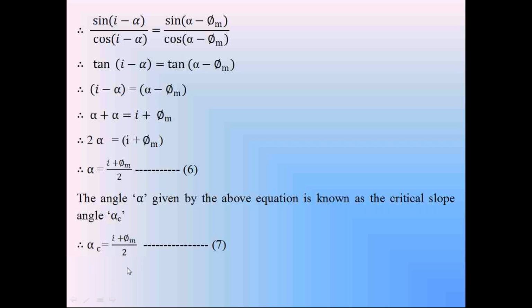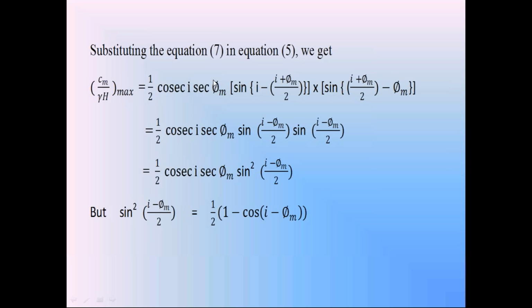Now to find out that maximum stability number Sn, substitute this value of alpha in the equation 4. Just now in this discussion, we prepared that equation 4 for the stability number. In that equation 4, substitute this value of alpha so that the stability number becomes maximum. The stability number is equal to Cm by gamma h.